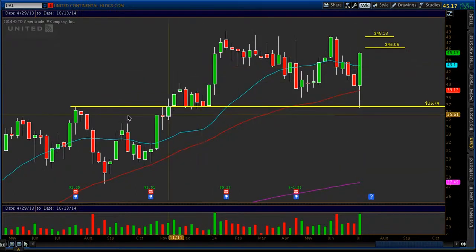So why I picked that level? As I've said in mostly all of my videos, previous resistance becomes support. This hit that 36.74 level, pulled back into that 50-day moving average, like I said.